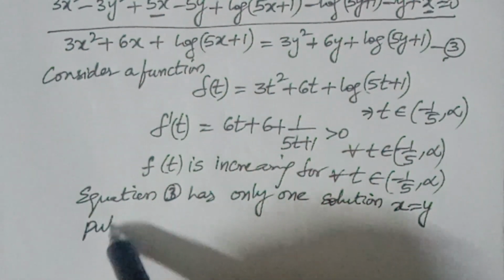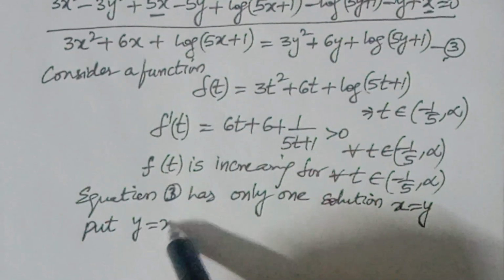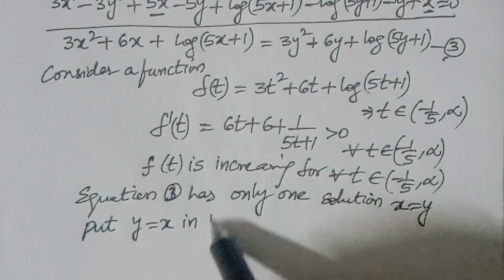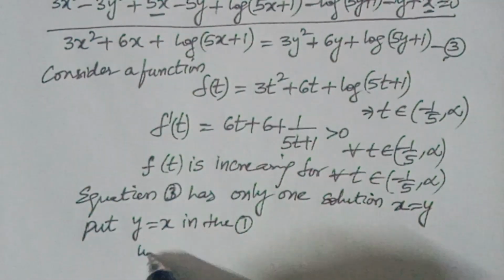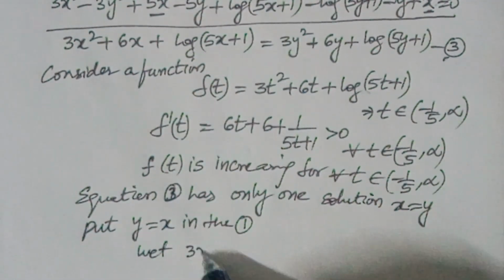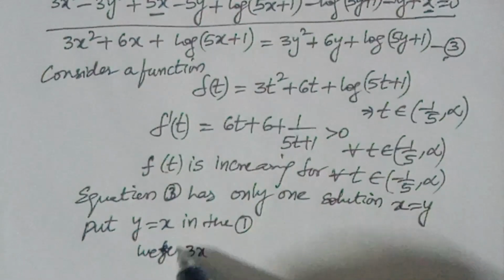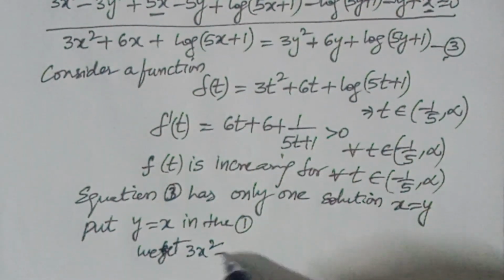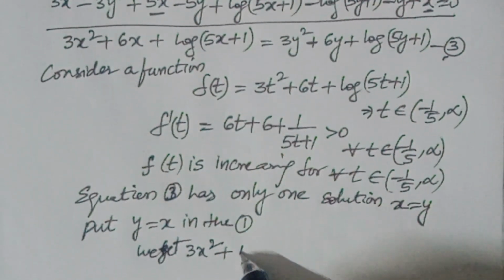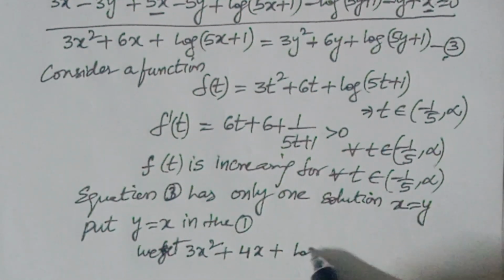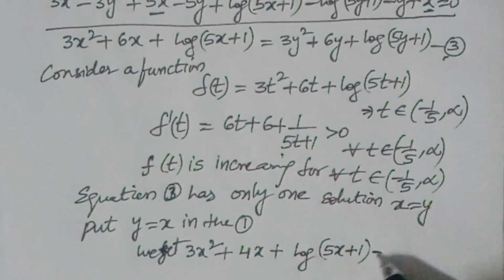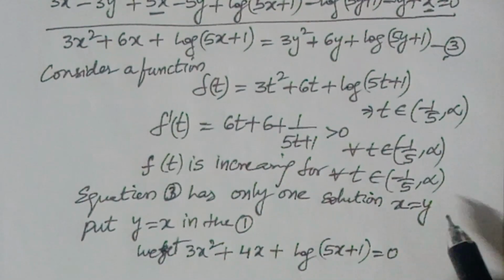So put y = x in equation 1. What will we get here? We get 3x² + 4x + log(5x + 1) = 0.